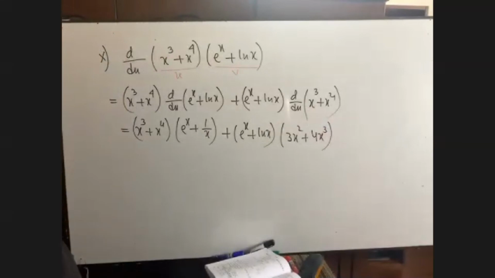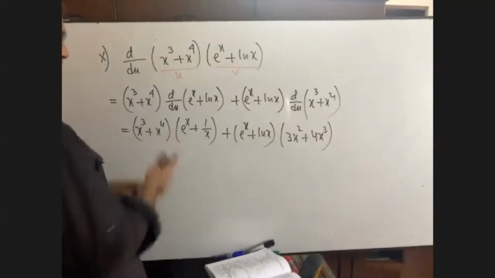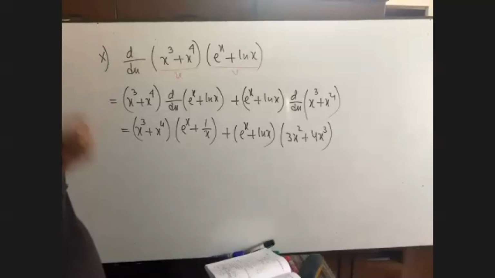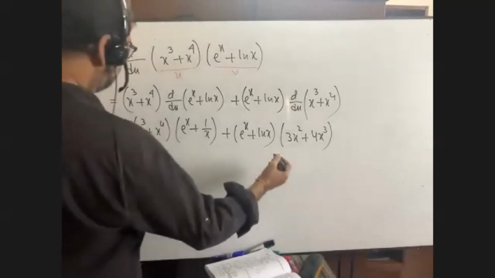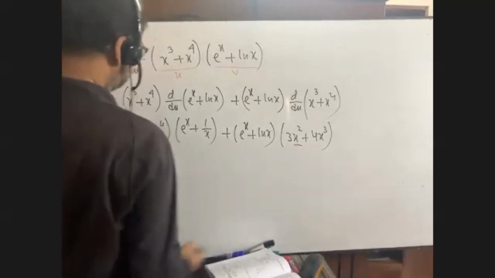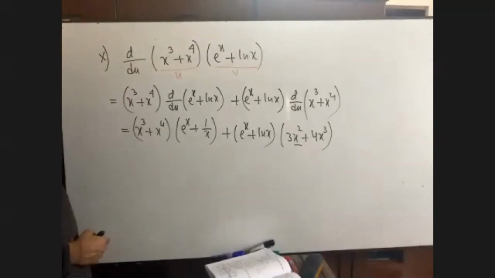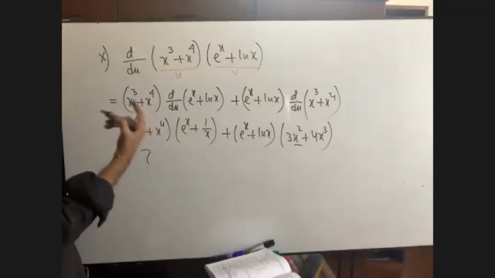Okay. Now, just you can multiply it and then take common. It is up to you. What will you do? Suppose we can take at least x square common. Okay. Now it is up to you, you take common or not.